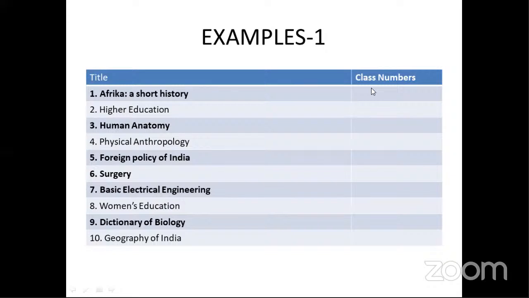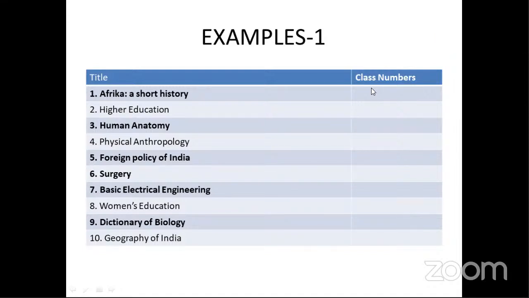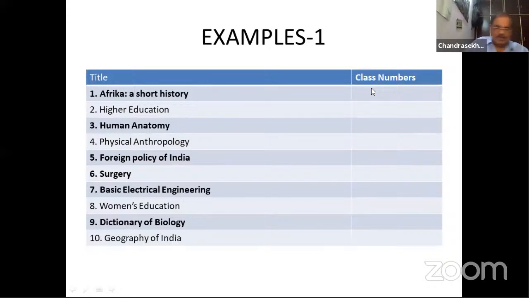Then come to physical anthropology, title number 4. Physical anthropology is dealt with in social sciences. You go to social sciences, 300. 301 is sociology and anthropology.